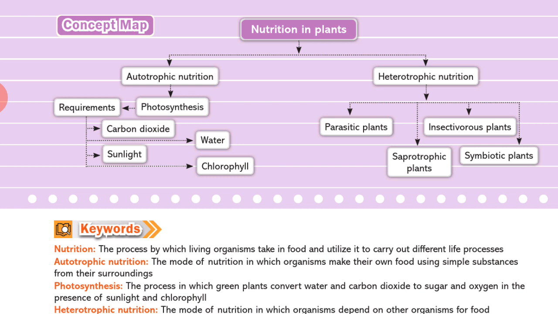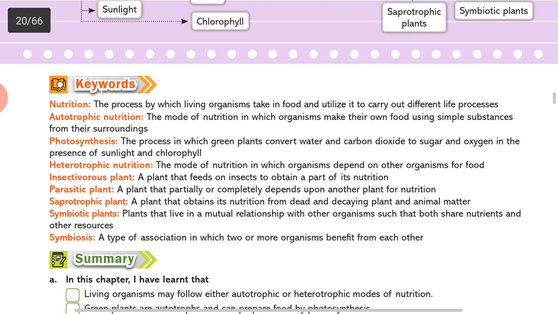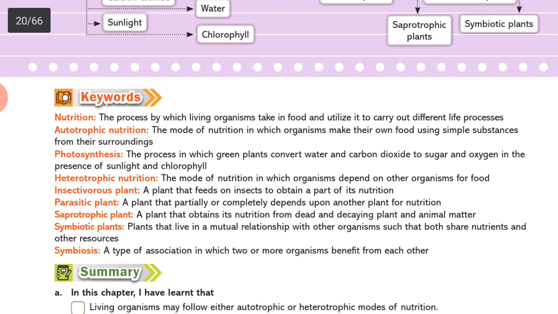In heterotrophic, we studied four types: parasitic plants, insectivorous plants, saprophytic plants, and lastly symbiotic plants. This is the second segment we studied today, the heterotrophic mode of nutrition, and autotrophic we did yesterday. In the last topic we studied the replacement of nutrients in the soil. Got it, dear students? These are some keywords you can easily remember.